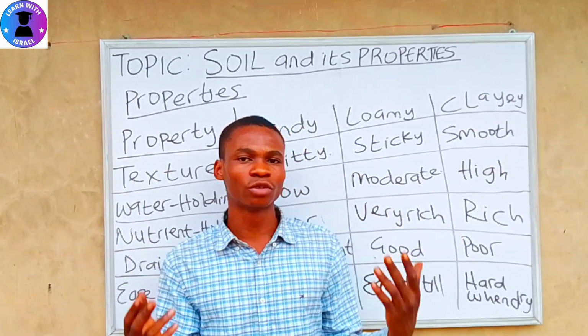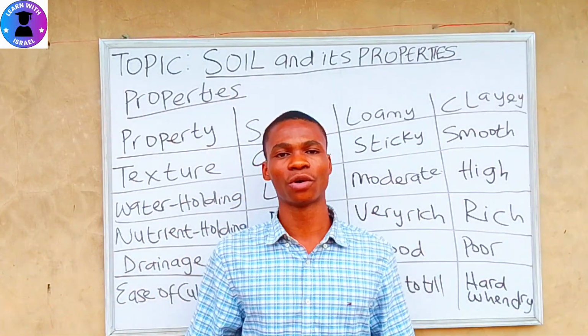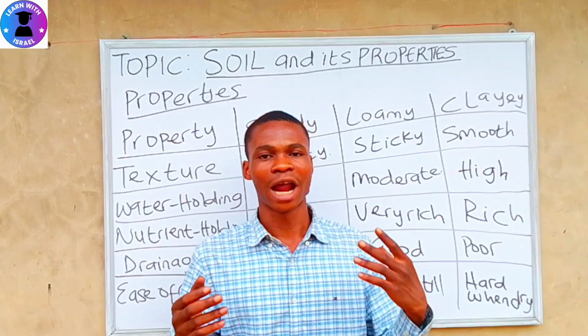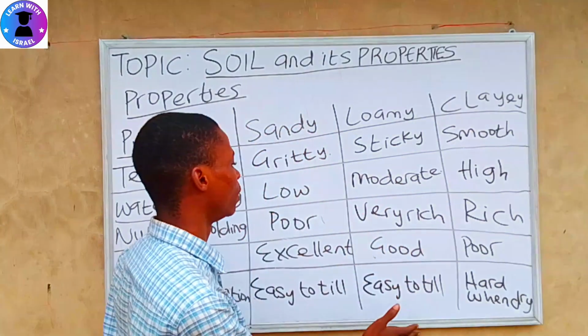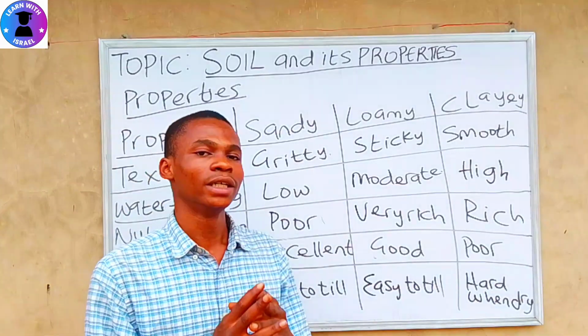We also talked about the types of soil, sandy soil, loamy soil, and clayey soil, and their properties. Make sure you jot these properties down. It is very, very important.